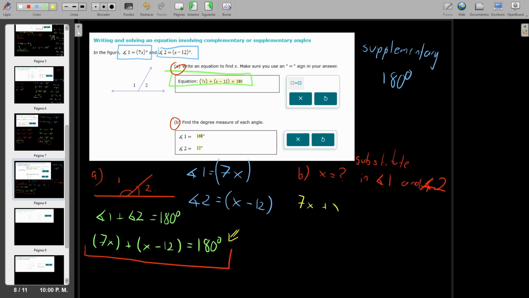7x plus x minus 12 equals 180 degrees. We need to isolate, to put all the values of x to the left and all the values without any letter to the right. So it is going to be 7x plus x is equal to 180 minus 12. Now we add them to be 8x equals 180 minus 12.